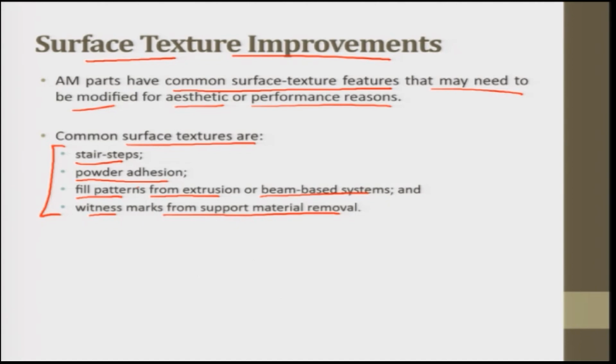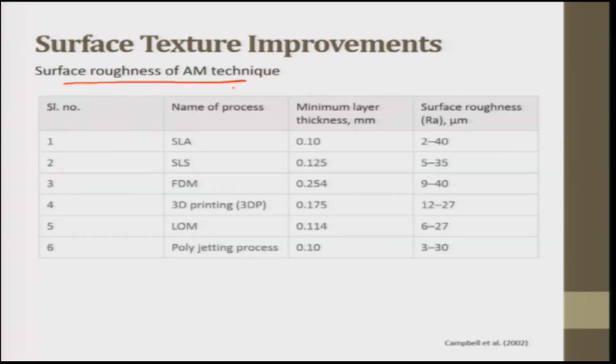Next is powder adhesion. Powder adhesion is also a fundamental characteristic of binder printing, powder bed fusion and powder-based beam deposition processes. Powder has an adhesion and that also creates a texture specifically on the surface. Typical surface roughnesses, taken from research, are like these.